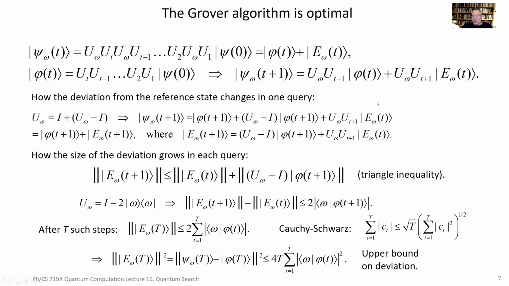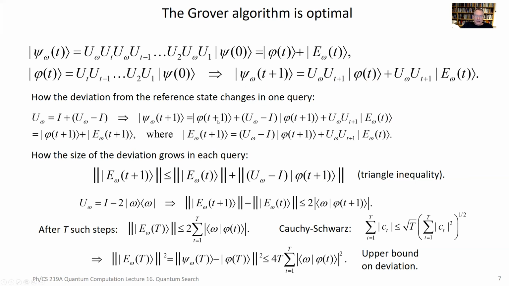The contributions to the new deviation are, first of all, the rest of the unitary, u sub omega minus 1, acting on the deviation that I get from applying u t plus 1 to phi of t. So that's this guy. But then I also have to consider u omega u t plus 1 acting on the deviation from the previous step.